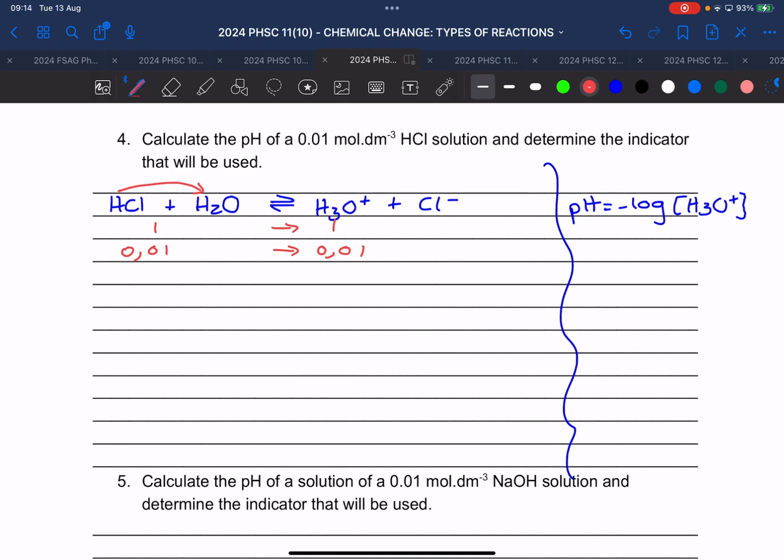In the exam, you'll show 1 to 1 and then you'll write down. Now that we have the concentration of the hydronium ion, we can calculate the pH. pH is negative log concentration of the hydronium ion, negative log 0.01. And what do you get?